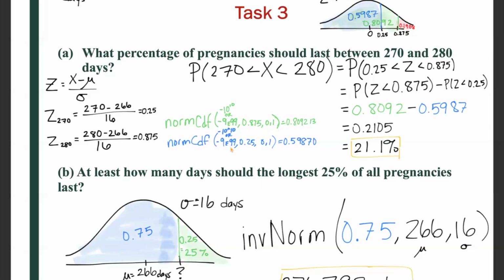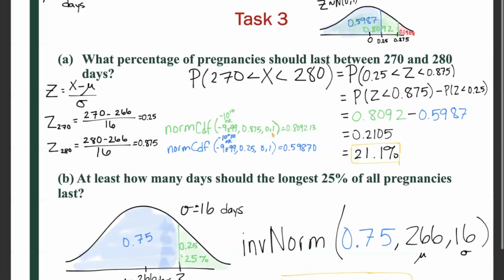I'm going to do normal CDF, where I have negative 10 to the 10 for negative infinity. In the previous recitation video, I did negative 9e99, but you'll get the same answer. Basically this represents negative infinity, and then the upper bound is 0.875, and since I standardized it, we have mean 0 and standard deviation 1. You can solve this without standardizing it too.